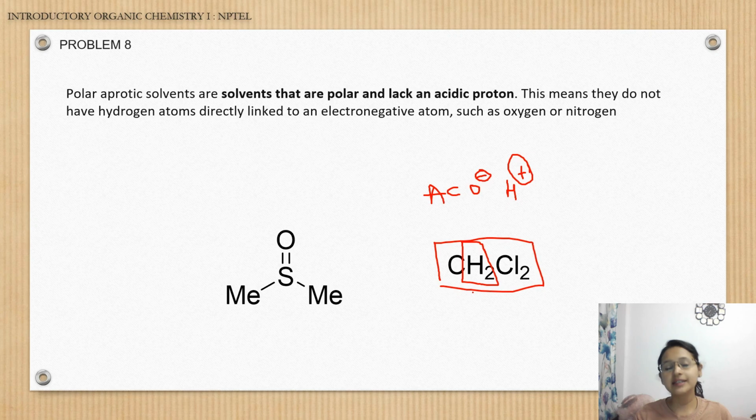But here these are polar solvents but not protic, because they are not going to give you a proton on dissociation. So polar aprotic solvents are solvents that are polar but lack an acidic proton. They don't have a hydrogen atom directly attached to an electronegative atom, that is oxygen or nitrogen, which is possible in the case of polar protic solvents.